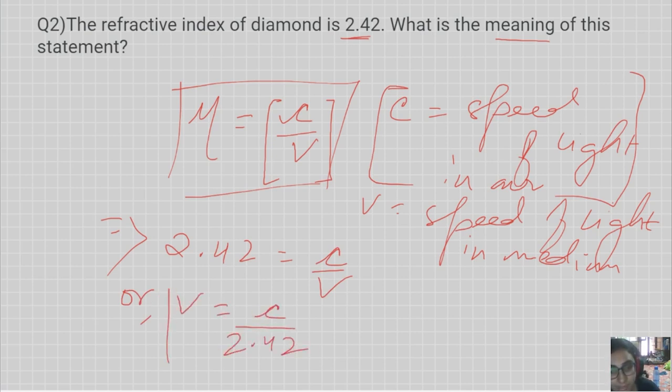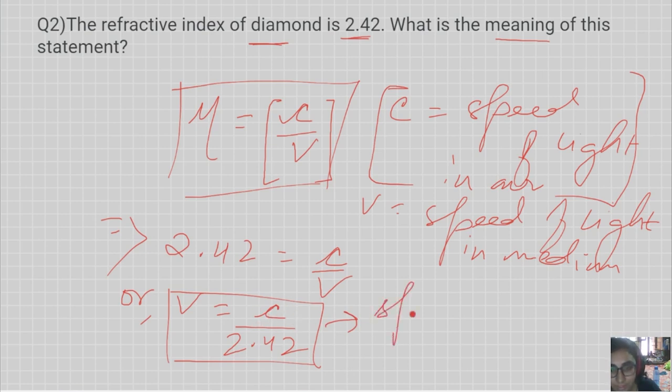So you can understand by this formula that the speed of the light in this medium, in this case diamond, gets reduced by a fraction of 2.42, or gets divided or reduced by a factor of 2.42, which was the actual speed of light.